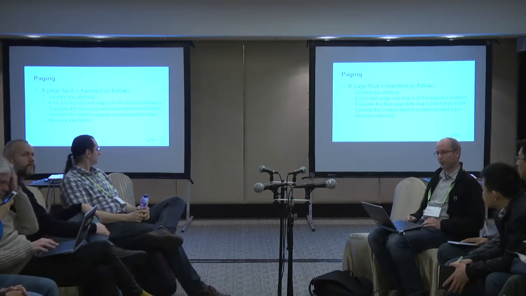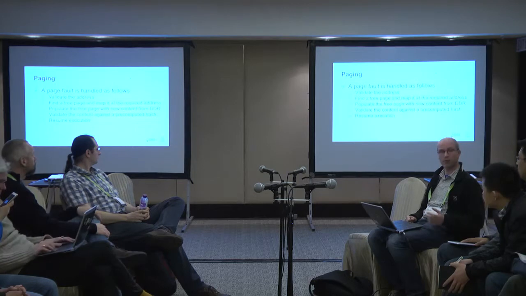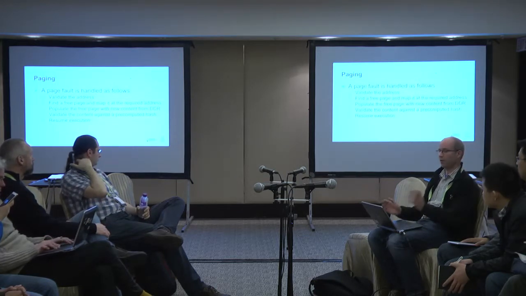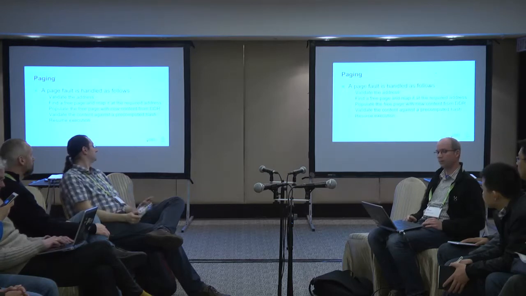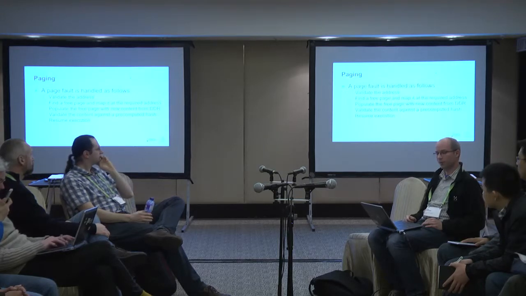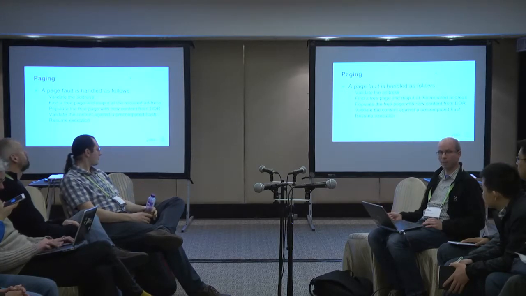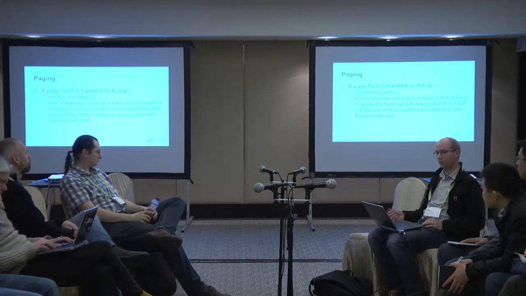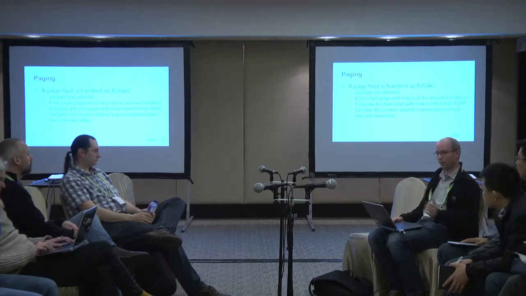Once the address is verified okay, we try to locate a free page and map it at the required address to be able to populate it with the new content from backing store. After that, we can validate the content with a pre-computed hash, which is stored in secure RAM, and resume execution. I will go into the details in the following slides.